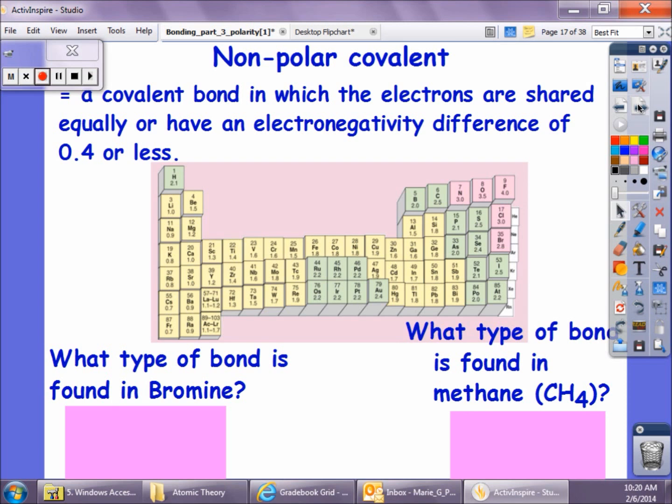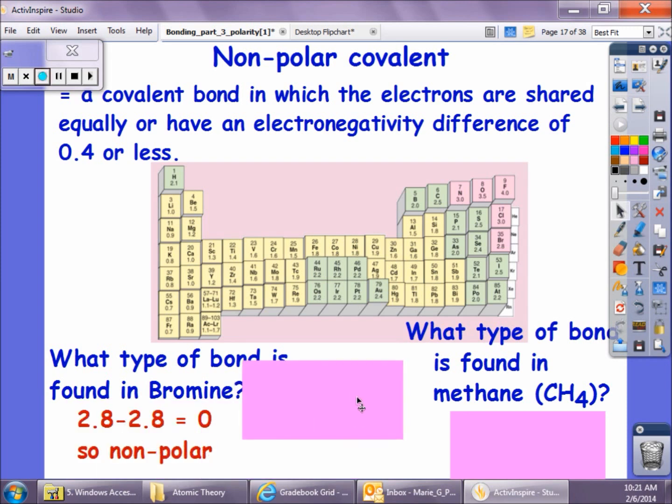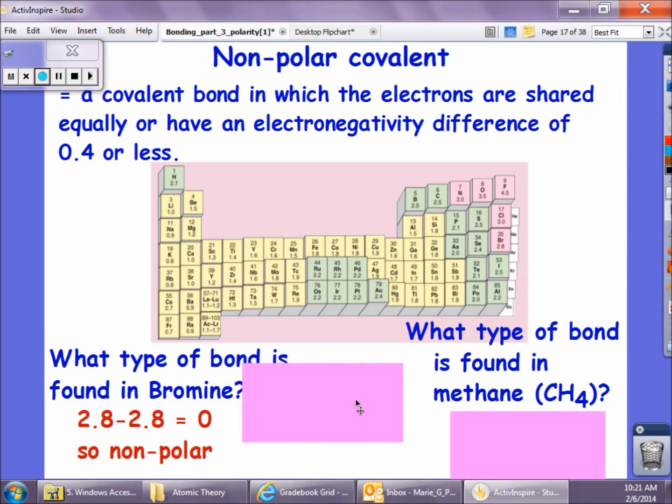Is that ionic, polar covalent, or non-polar covalent? It is non-polar. If the difference in electronegativity is 0.4 or less, it is non-polar. No one is pulling more on the shared electrons. They are sharing equally. All right? Okay, it is 2.8 minus 2.8 equals 0.